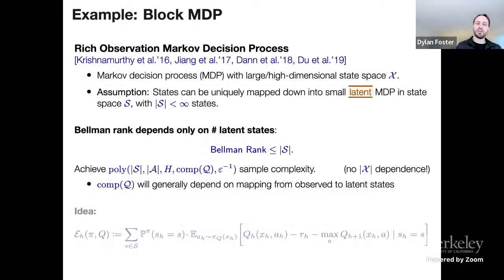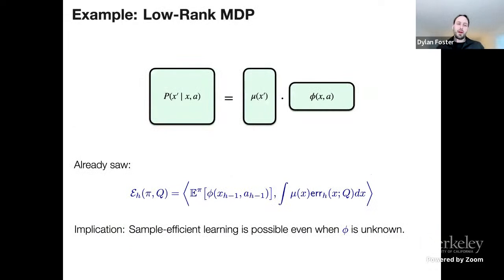I'll briefly mention the way you prove that the Bellman rank is bounded by S here is by writing the Bellman residual as a sum of probabilities for visiting each of the latent states times the Bellman residual conditioned on the latent state. And because there are only cardinality of script S latent states, you can write this as a dot product in S dimensions.